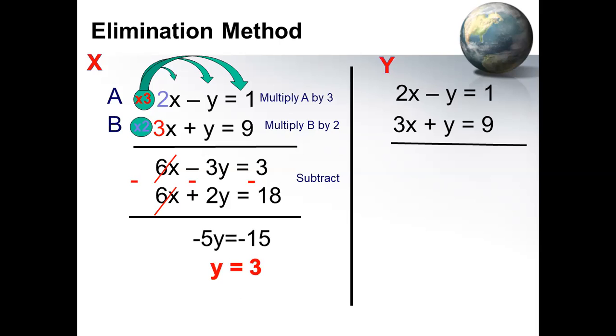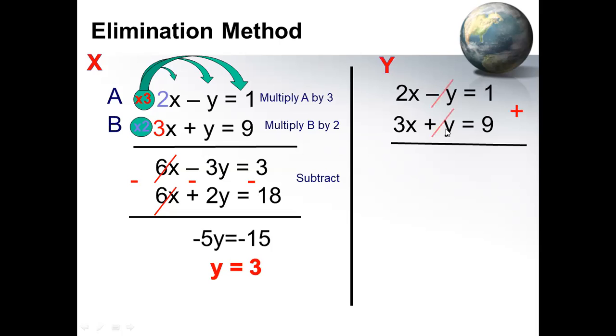On the other side, we are going to eliminate y. Here y is negative and here it's positive. Since they have different signs and the same number, I can easily eliminate them by adding.